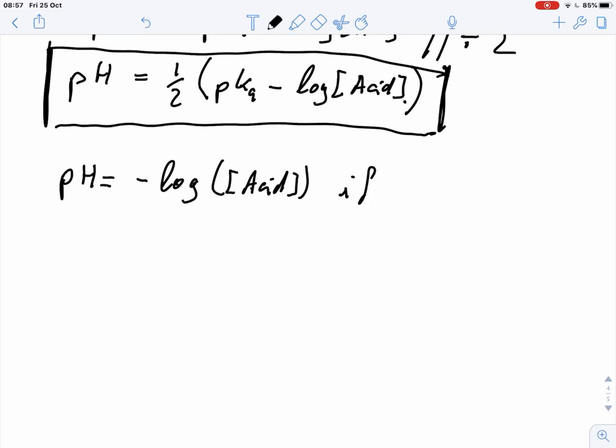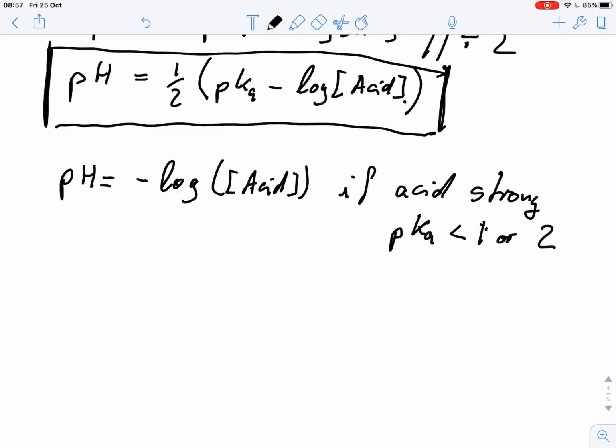If the acid is very strong, and we usually would say we consider an acid as strong if the pKa is smaller than, say, probably 1 or 2.